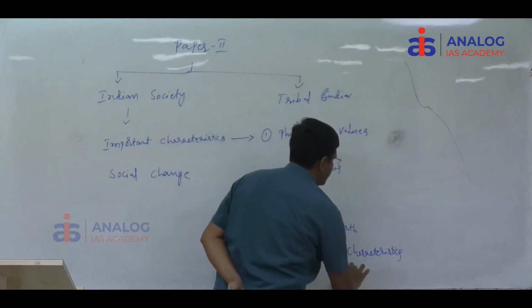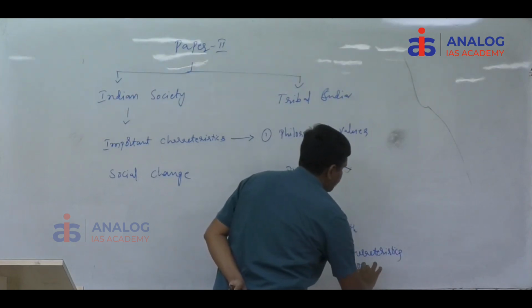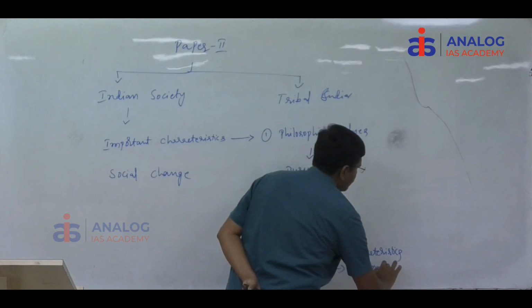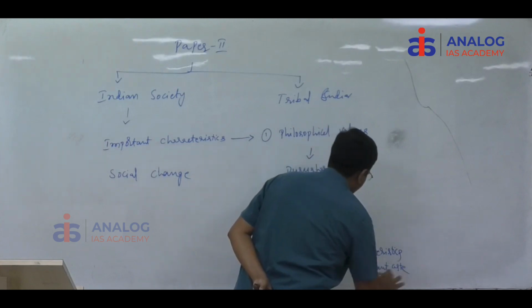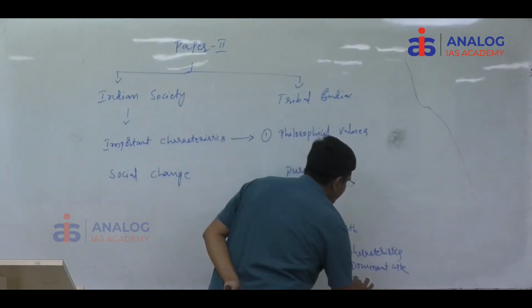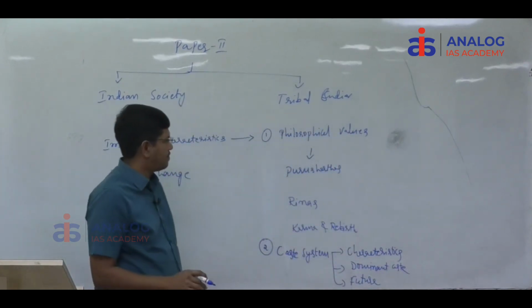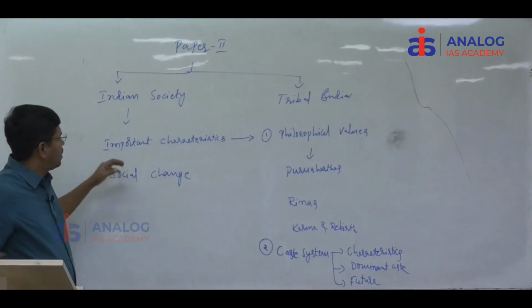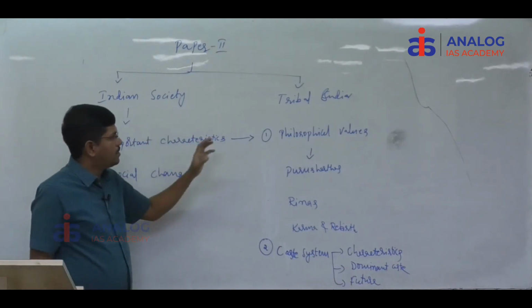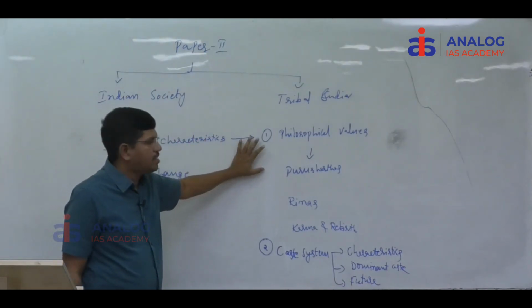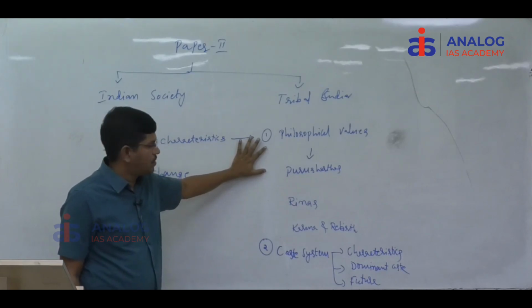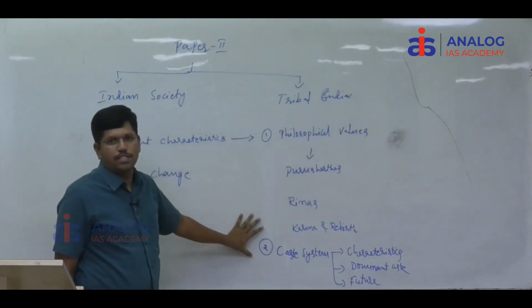After that, we will study the concept of dominant caste. After that, we will study features of the caste system. In the important characteristics of Indian society, we are going to study the philosophical concepts, and after that, the caste system.